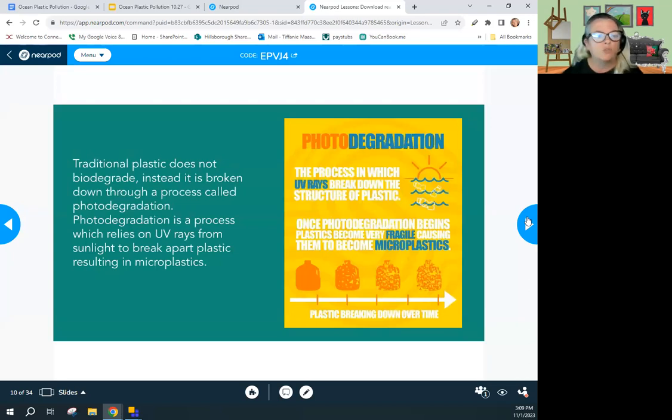They don't biodegrade. And what it means to biodegrade is that the object is made of natural ingredients. For example, food will biodegrade. If you throw an orange peel into the yard, that orange peel will biodegrade because it's of nature and it will return to nature. Yes, like decompose. Exactly.